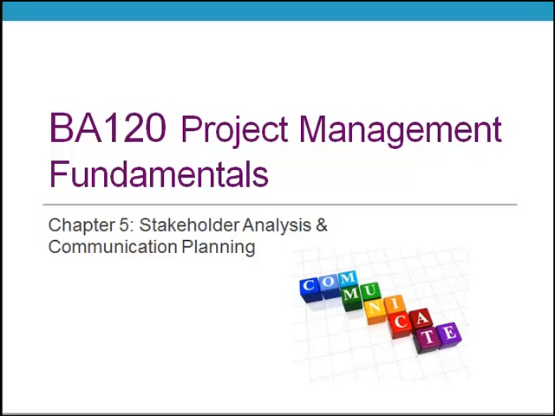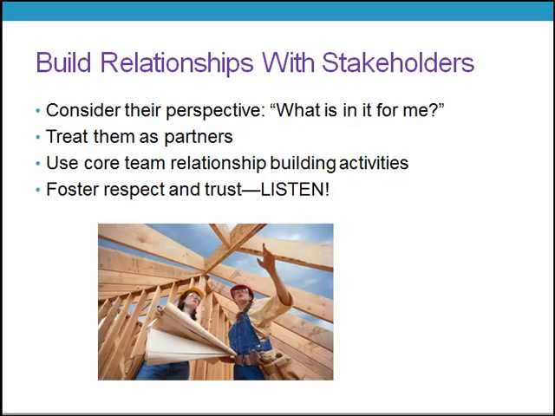So, let's get started. Your stakeholders can make the difference between project success and project failure, so it's critical that you understand how your project processes and product affect each stakeholder. While your project is in process, will it disrupt a given stakeholder? Or will its success mean that another stakeholder will lose power?